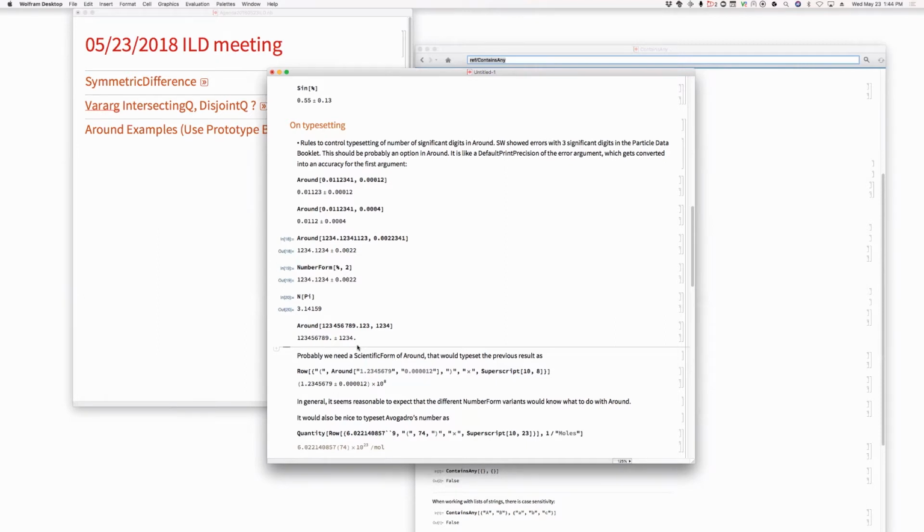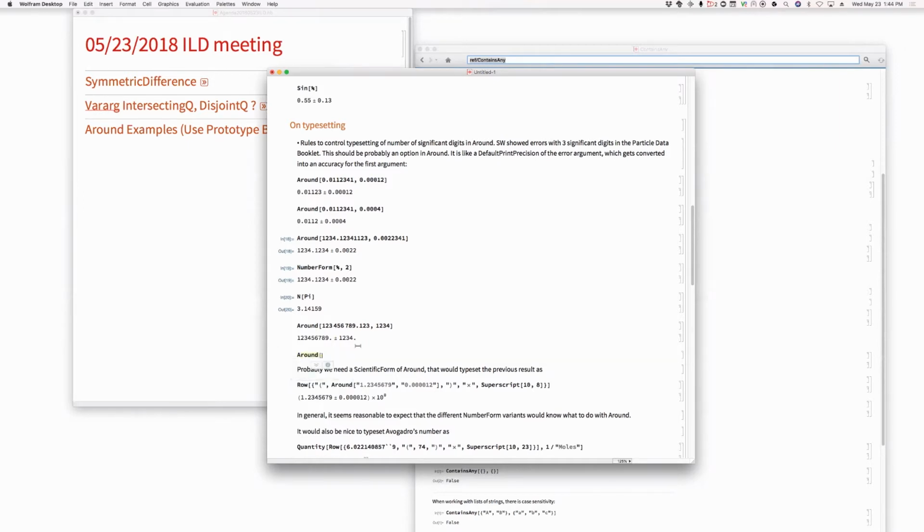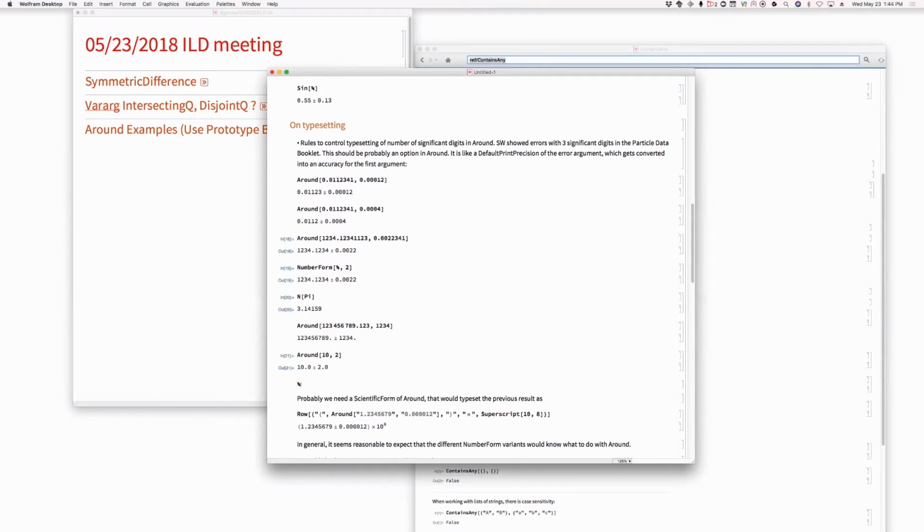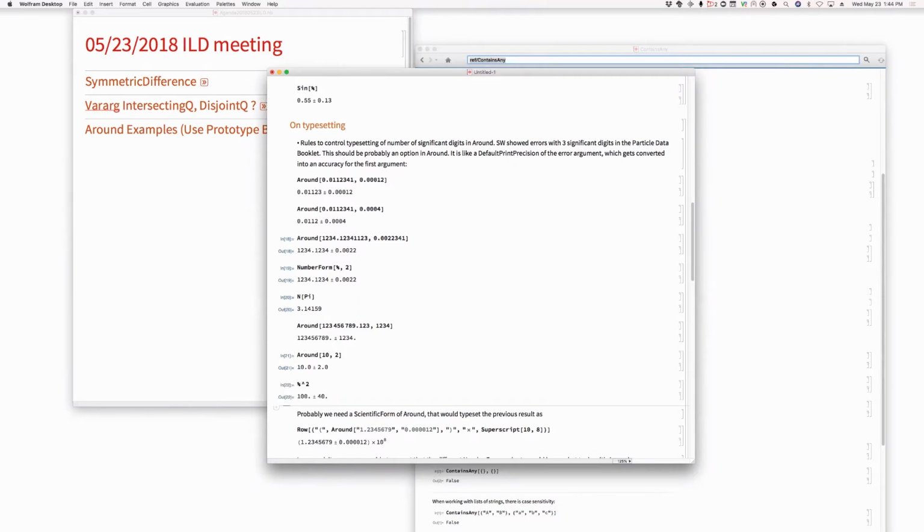If I say around 10, 2, for example, yeah, that's what it does. But internally, if you do input form, it's still the exact numbers. It's not that it's numerizing. Okay, so if I say squared of that, okay. This is for the typesetting. The typesetting always wants these two.